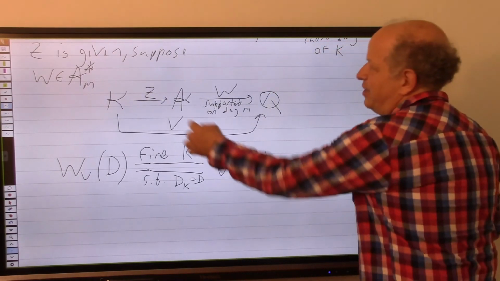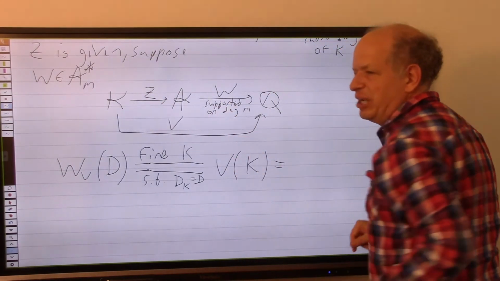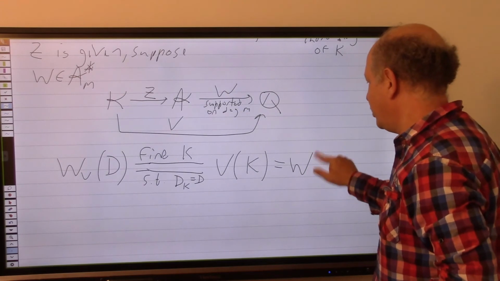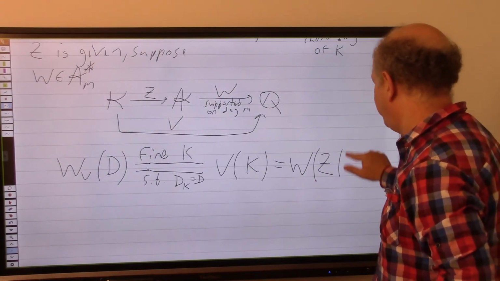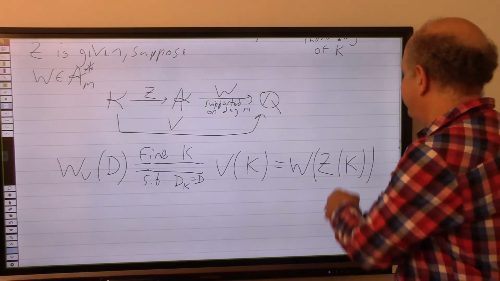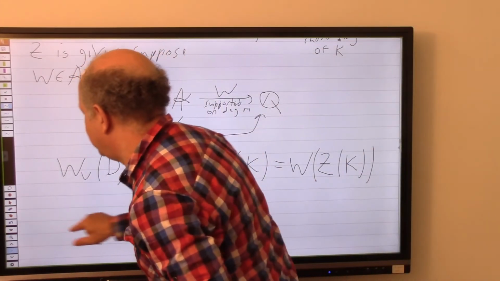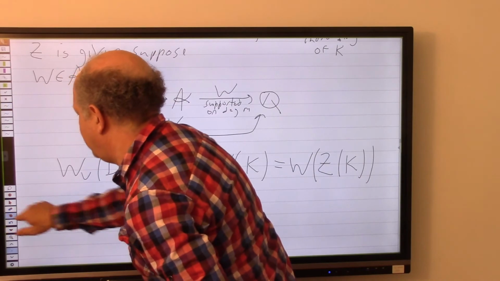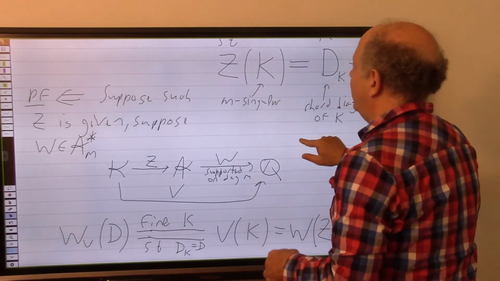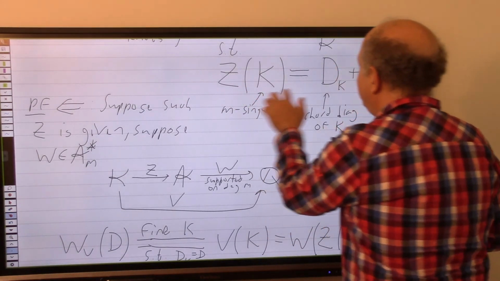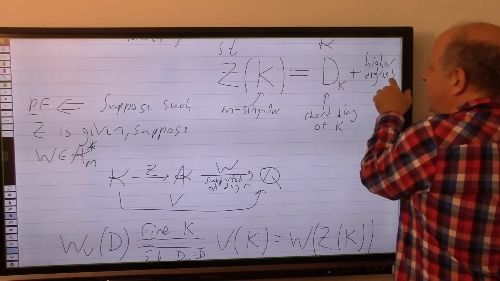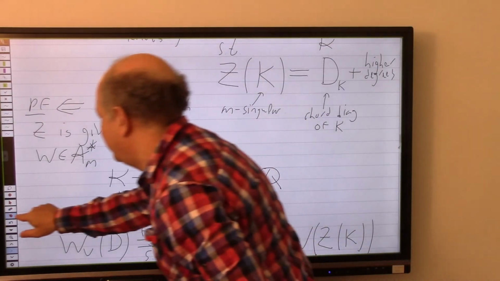But V is the composition of Z and W. So this is W evaluated on Z of K. But Z of K, by the condition defining Z, is the diagram of K plus higher degrees. Okay?